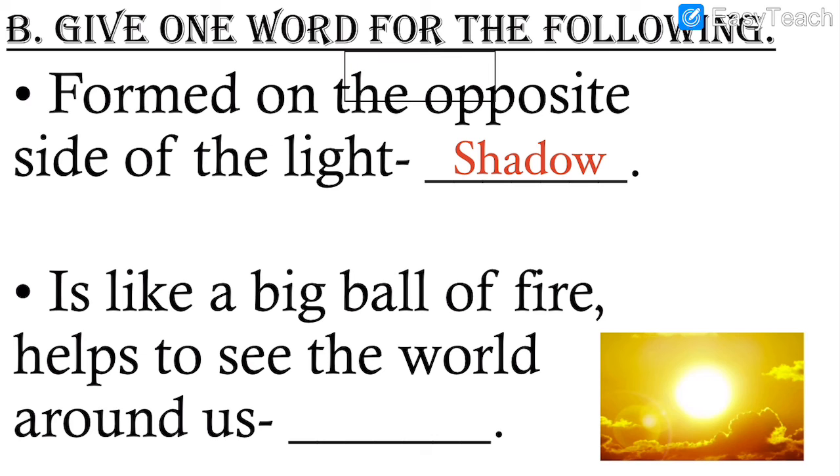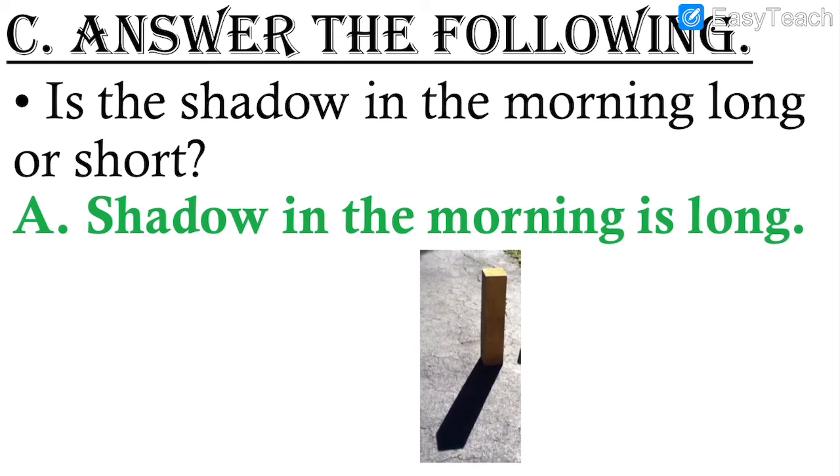So let us write the answer. Sun. The sun gives us light, and it is called a big ball of fire. It gives us maximum light, and it's the most powerful source of light on the earth, right? So that was answer number 2.